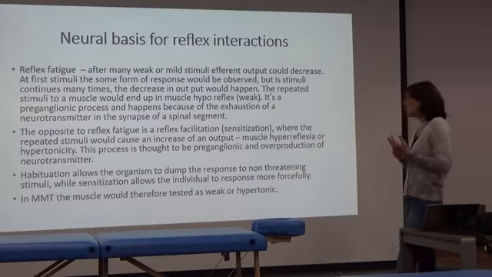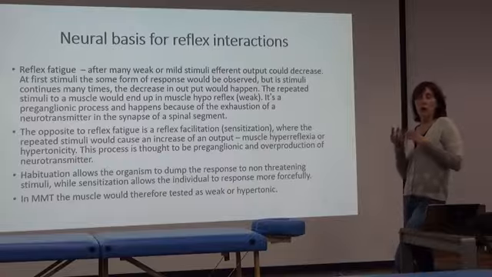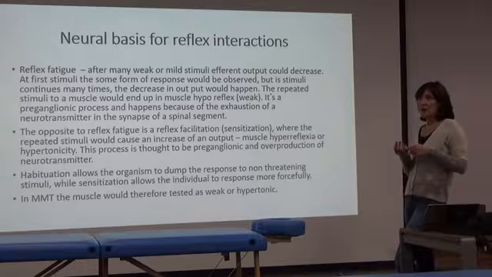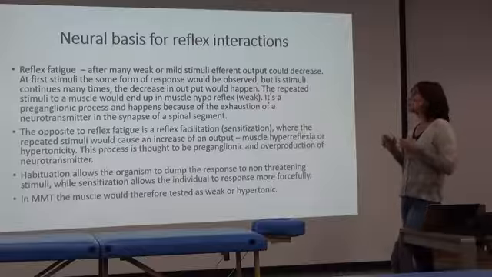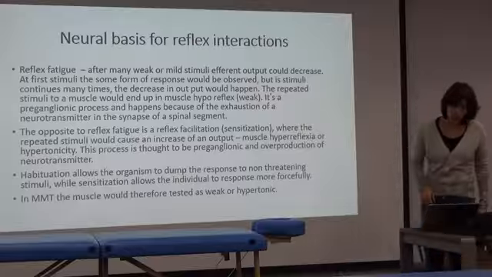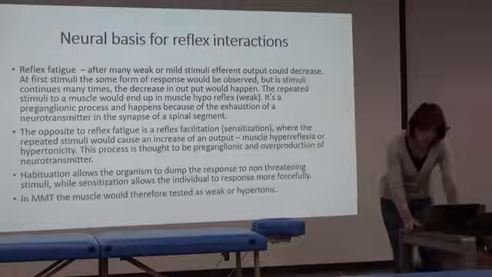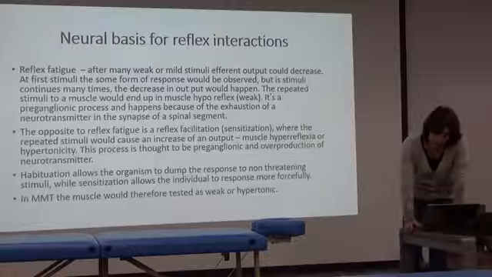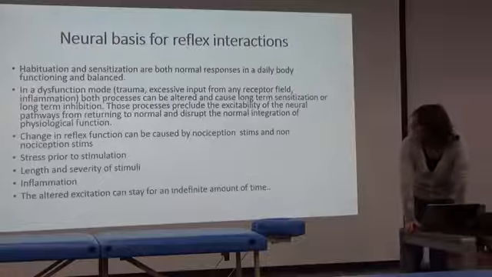And in manual muscle testing, we talk about hyperreflexive muscles and hyporeflexive muscles. So this is to do with the chemical regulation at the level of the spinal cord, and it's going to influence the result of the testing.